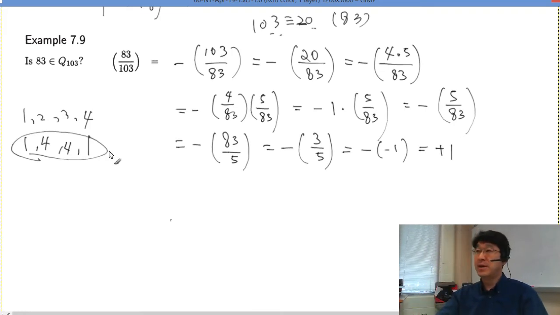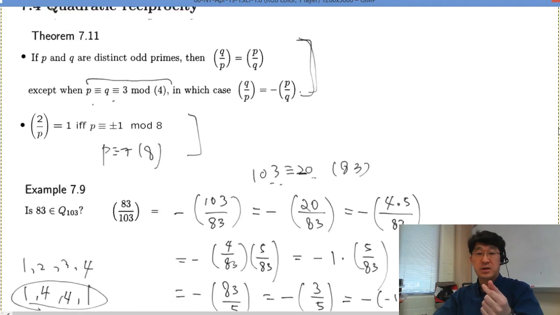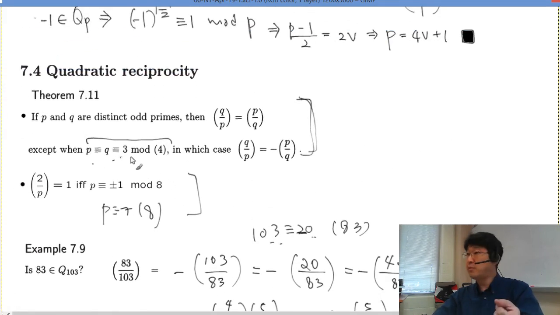That's right, and both are 3 mod 4. No, it's about when you flip these two things, whether the sign changes or not. That's where we use it. If you're in both 3 mod 4, you can flip this one, but you have to change the sign.